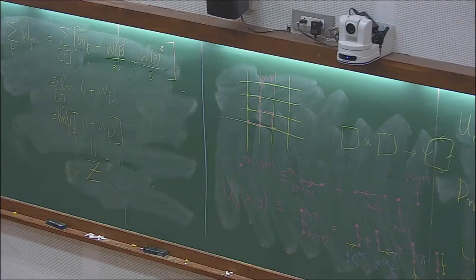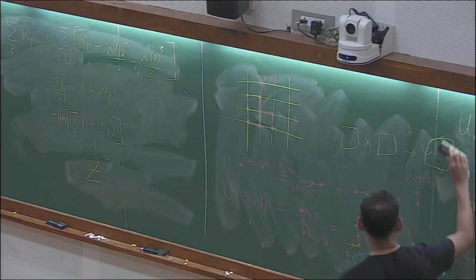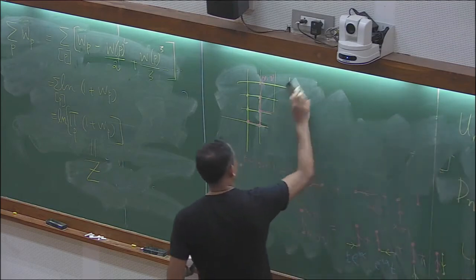Okay. So now I need to write down the answer. So you have a 4 cross 4 matrix. You can find the eigenvalues of a 4 cross 4 matrix.